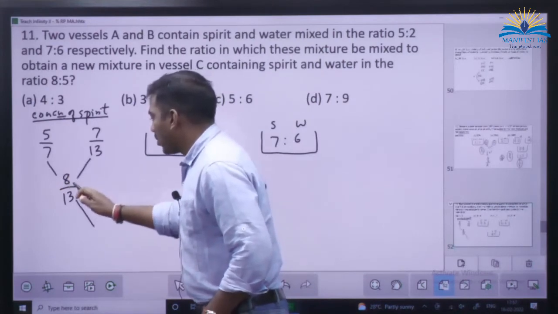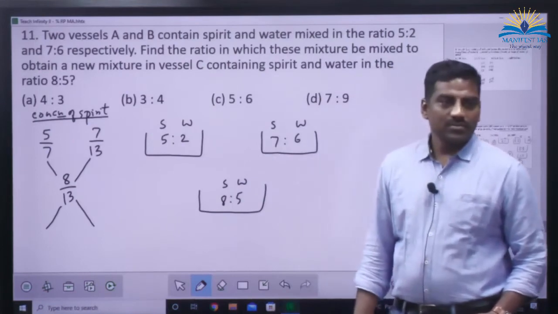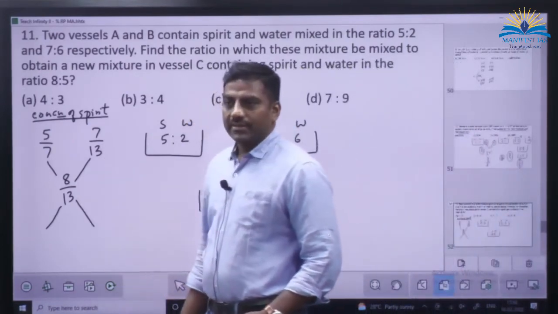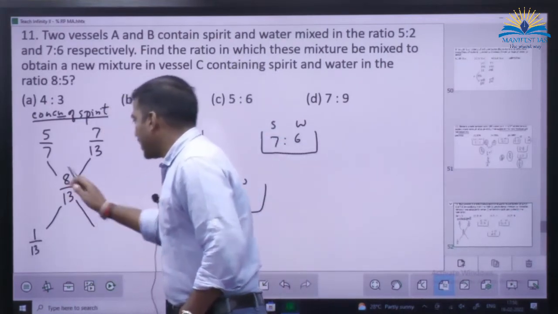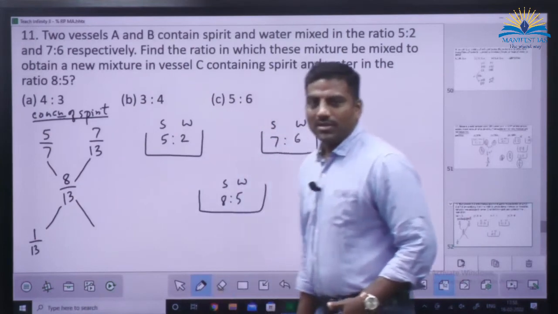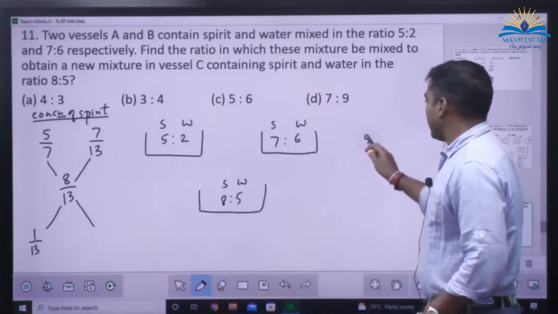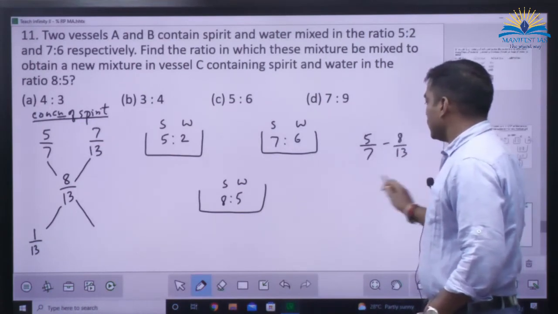We have that golden cross method. Find the difference: 8/13 minus 7/13. But here I will not help. 5/7 minus 8/13. We have to get the LCM.